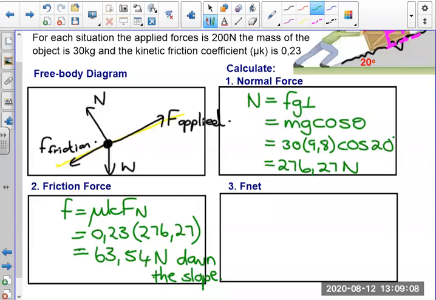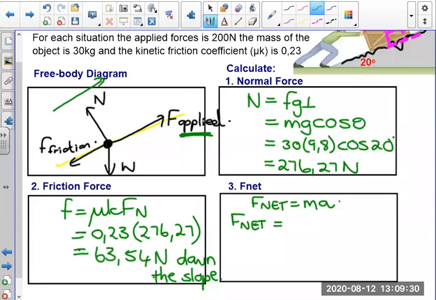Okay, the next one is F net. Again, we start with F net equals m times a. And again, we take the front force minus the back force. The object goes in that direction.